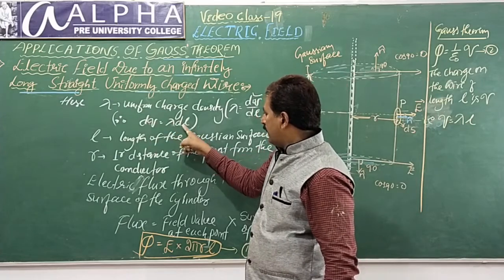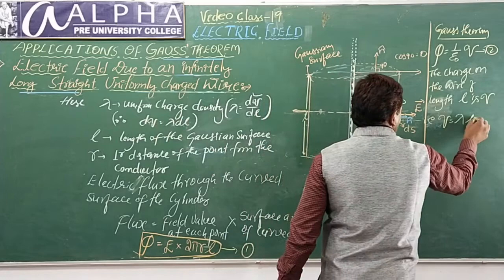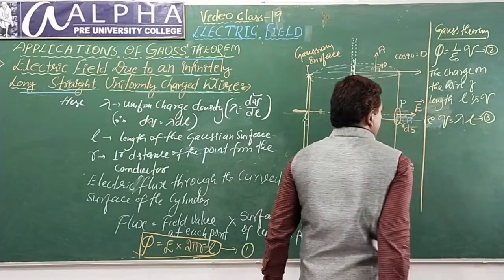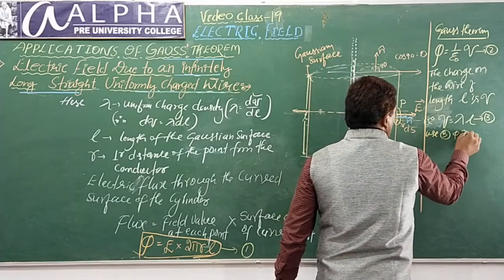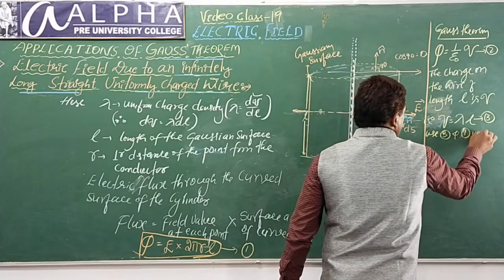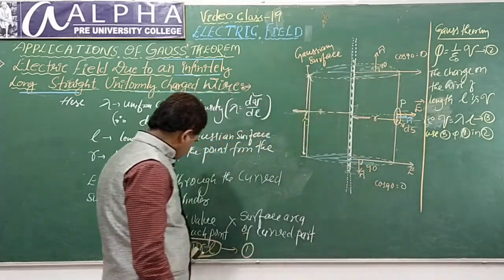Charge dq for dl, Q for length L. You call this equation 3. Use 3 and 2, 3 and 1. What is phi expression?